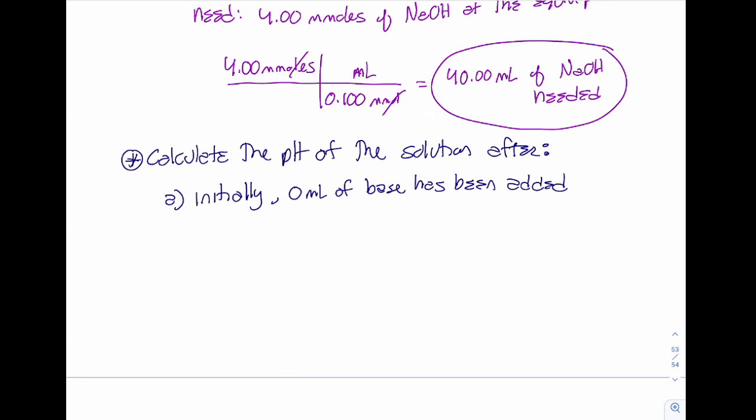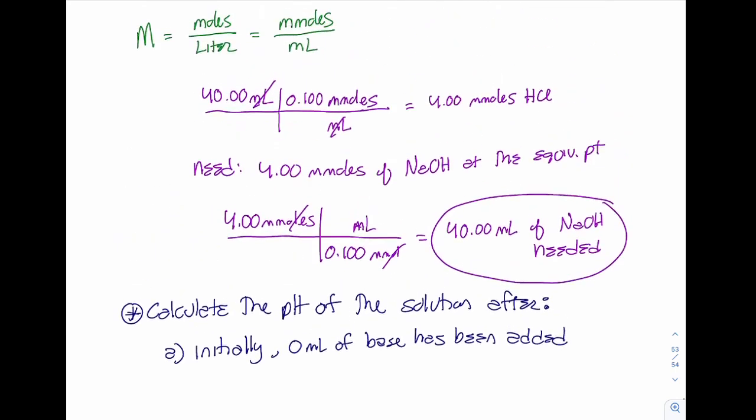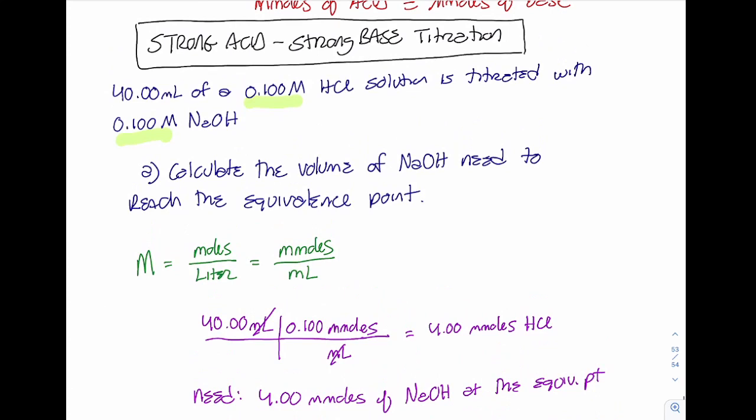So essentially what I have is just, if we go back up here, just this acid solution, right? We've added no base to it. I just have 40 milliliters of a 0.1 molar hydrochloric acid solution sitting in my Erlenmeyer flask. We want to know what its pH is.